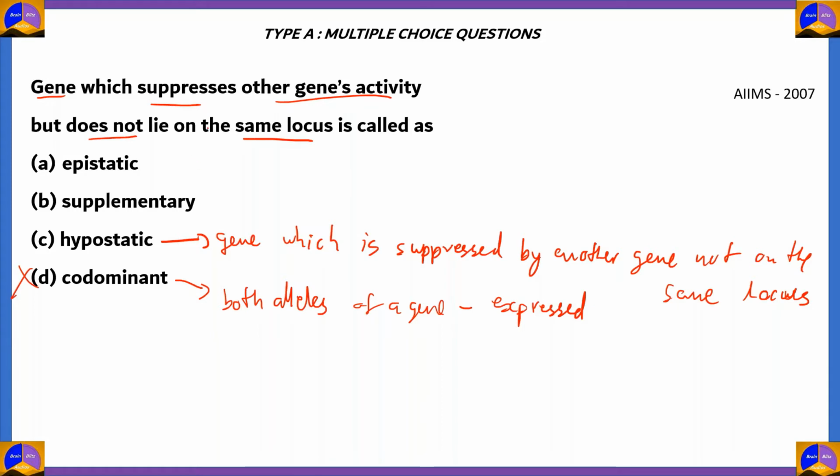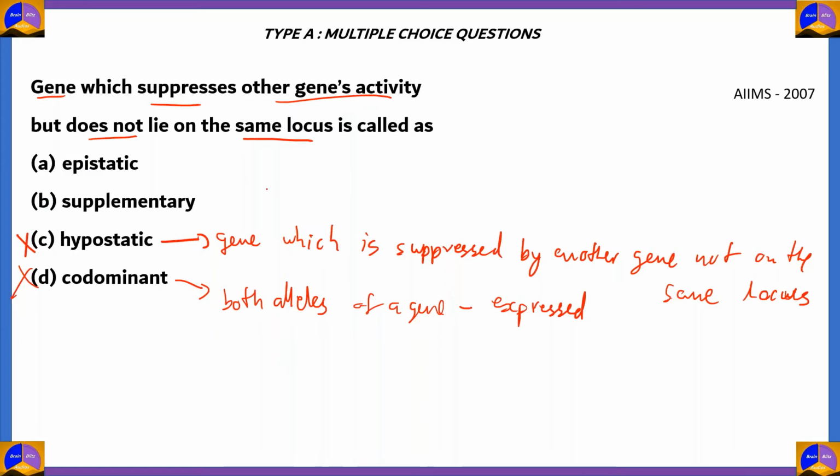So what it means is that the gene which is suppressed due to the gene given in the question is hypostatic. So hypostatic is not the right answer because it is the one that is getting suppressed, not the one who suppresses the other's activity.